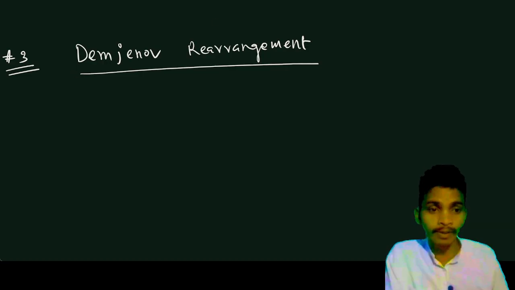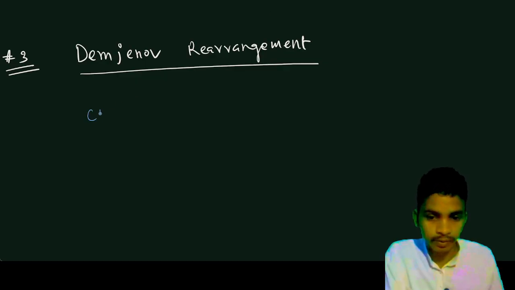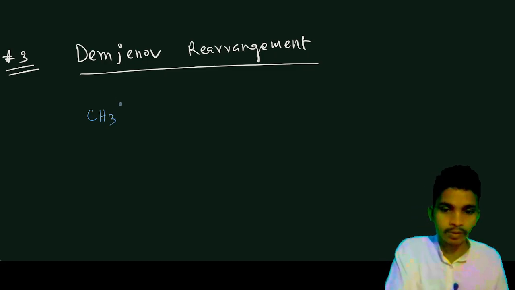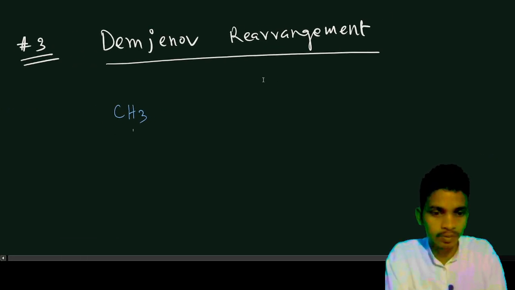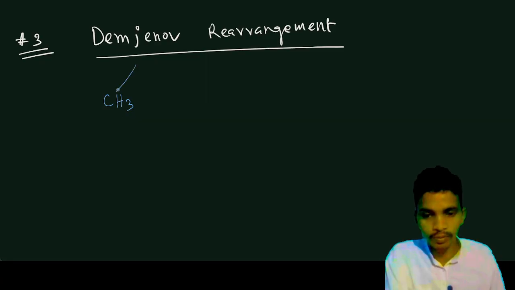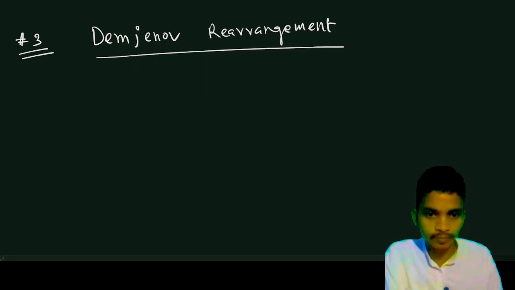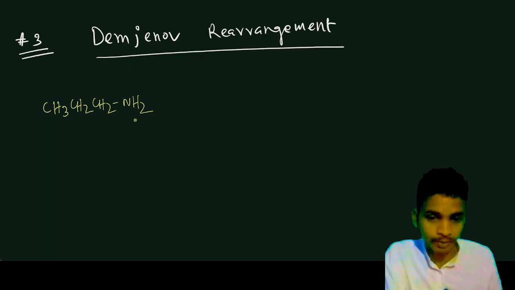In the Demjanov rearrangement, we may be given an amine group, let's say CH3 CH2 CH2 NH2. The amine group is there.